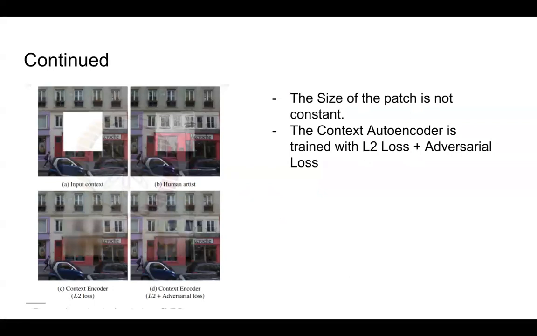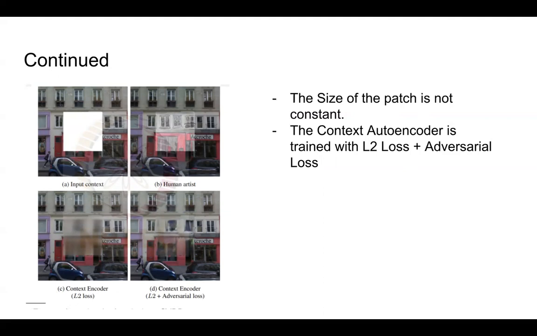Another example: we have here an image where the middle part is cut out, and on the right is a human artist who tried to inpaint the image with his painting skills.